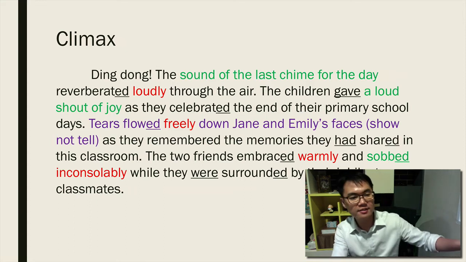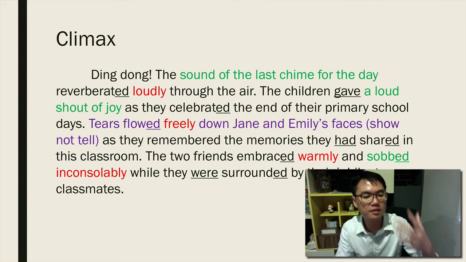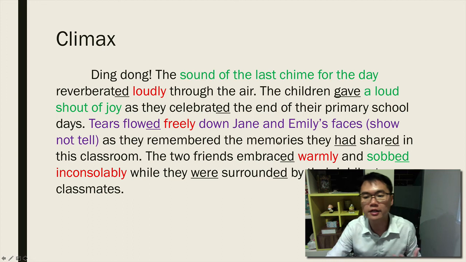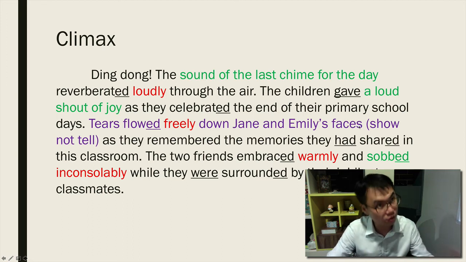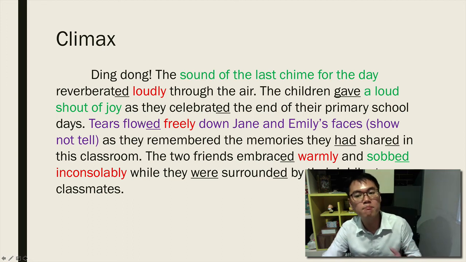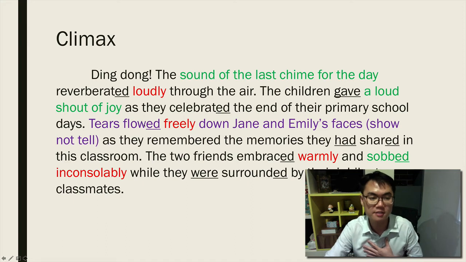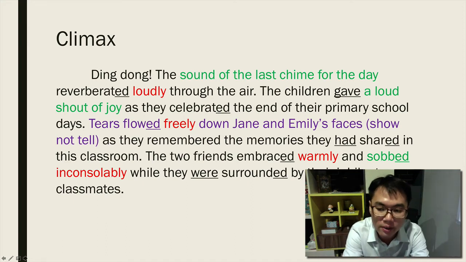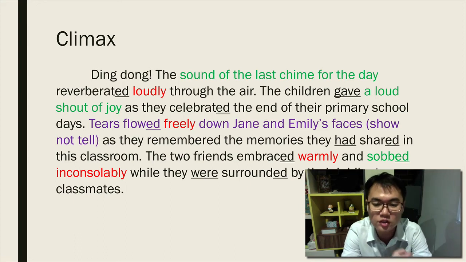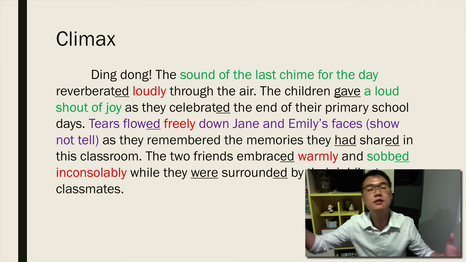But even as these children are celebrating, tears flowed freely down Jane and Emily's faces. Again, show not tell, as they remembered the memories they had shared in this classroom. The 2 friends embraced warmly and sobbed inconsolably while they were surrounded by their jubilant classmates.